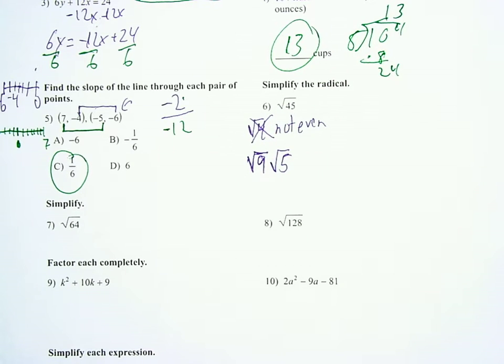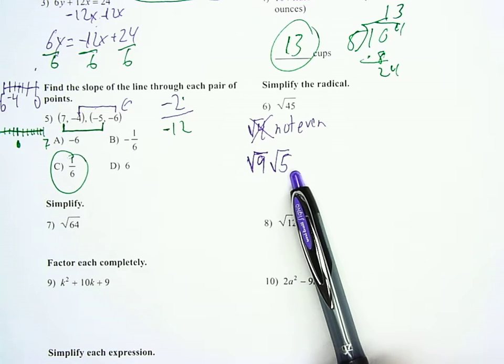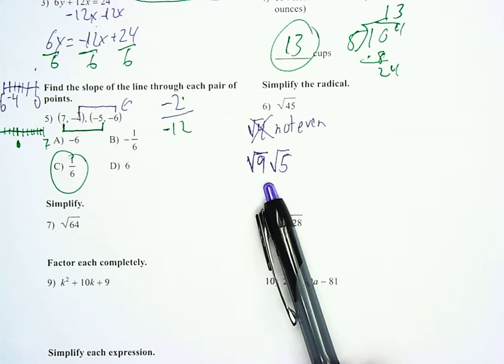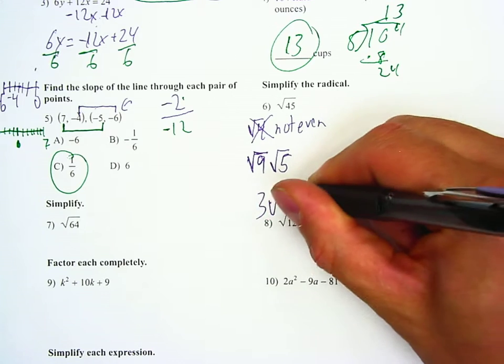Why is that important that I used a 9 here and not a 5? Because I could just write this 5 times 9 instead of 9 times 5. Well, the 5 doesn't become anything. It stays underneath the radical. The 9 is what reduces. The 9 becomes a 3 because 3 times 3 is 9.